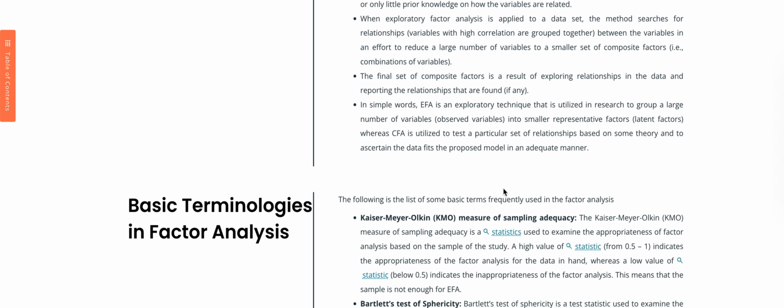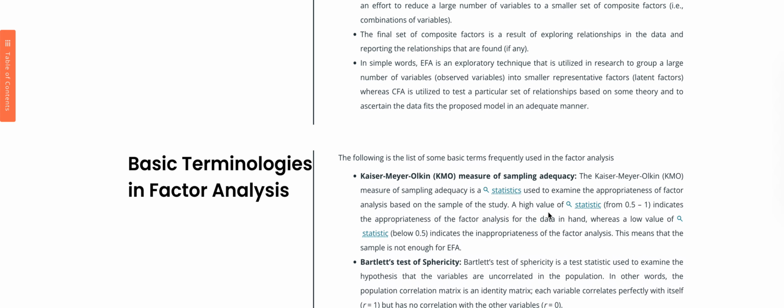In simple words, EFA is an exploratory technique utilized in research to group a large number of observed variables into smaller representative latent factors, whereas CFA is utilized to test a particular set of relationships based on some theory and to ascertain whether the data fit the proposed model in an adequate manner.